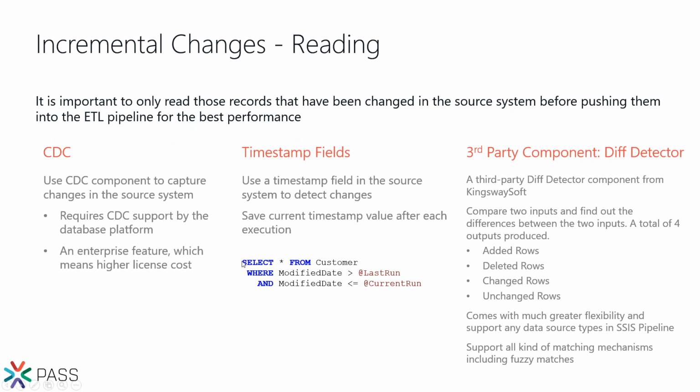This component does require CDC support on your database platform, on the source system side. It's also an enterprise feature, which means you have to use the SQL Server Enterprise license to leverage this feature. Typically, that carries a price tag.